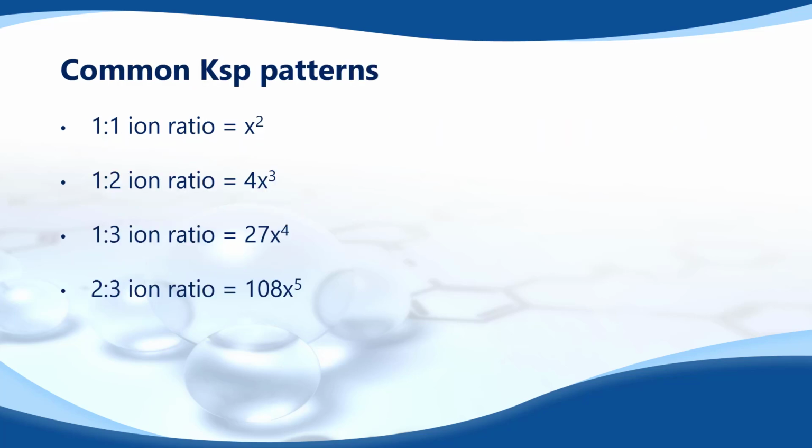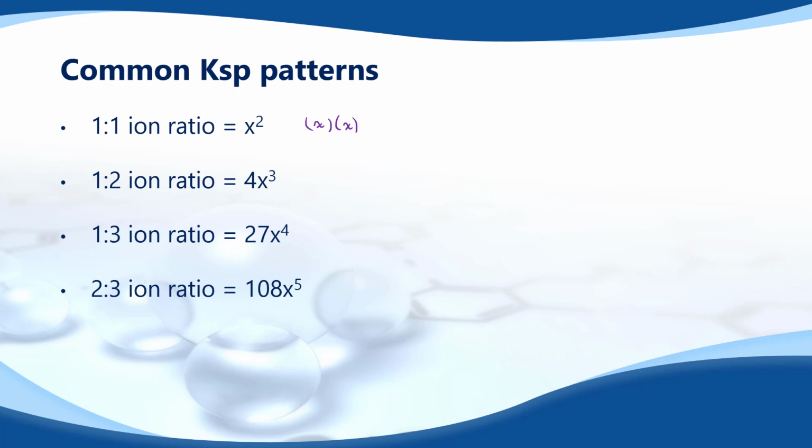Right, so these are common Ksp patterns that you'll see when you start plugging these things in to determine solubility. If your ion ratio is 1-to-1, like for example AgCl, then when you start doing your ICE table, you will wind up with x times x, or x squared.